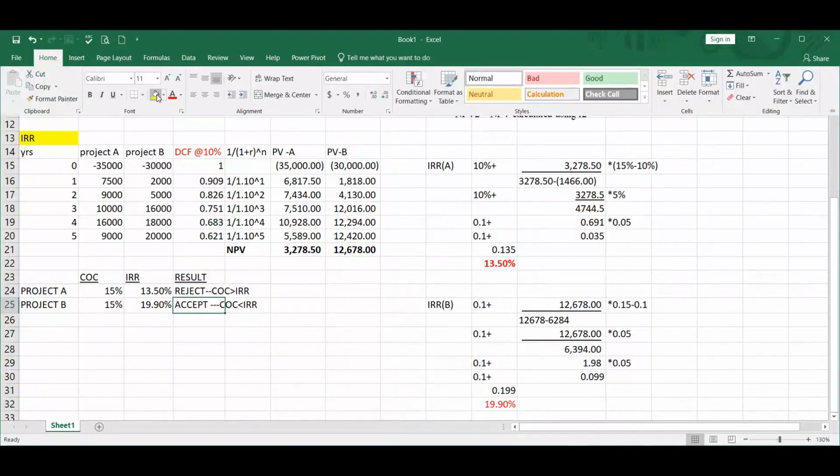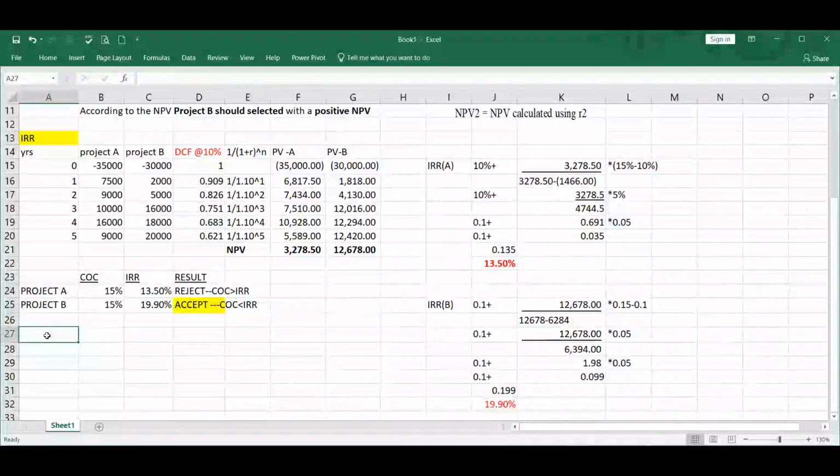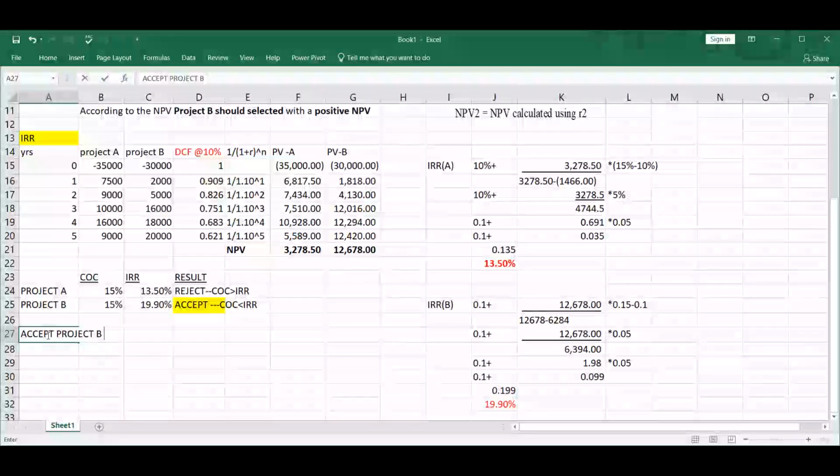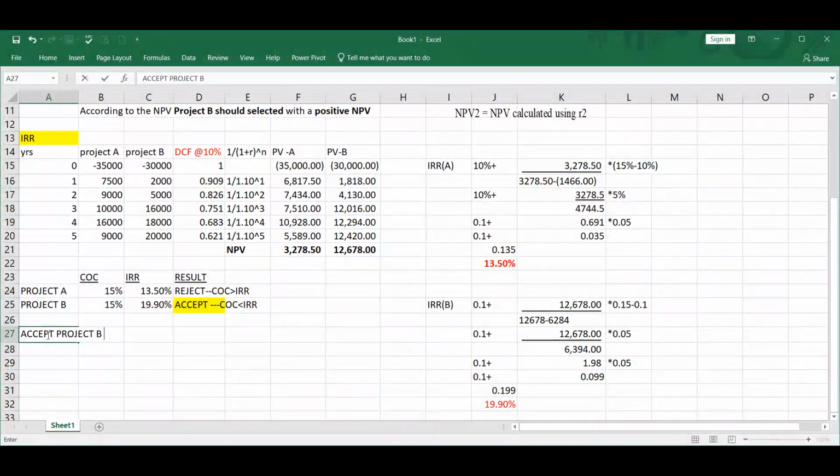According to the IRR, we should accept only project B. So this is the decision rule.